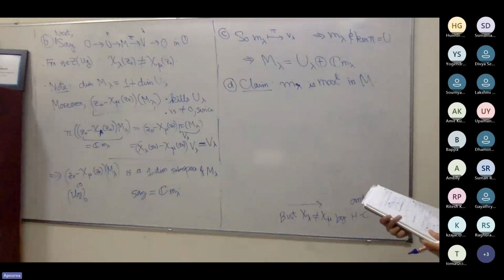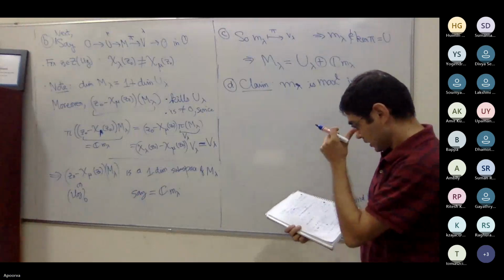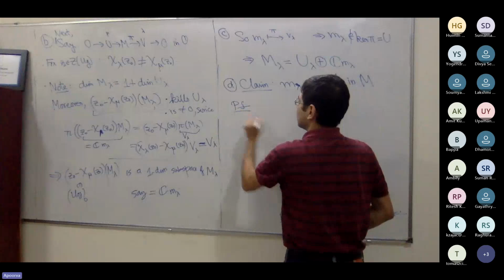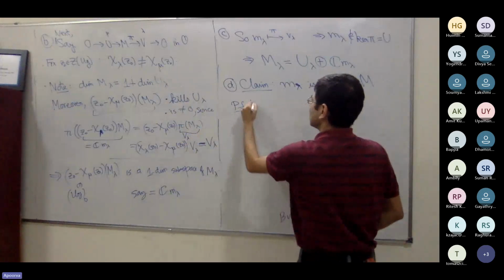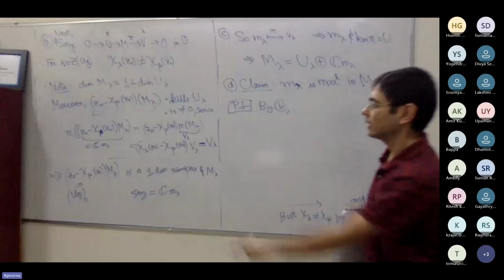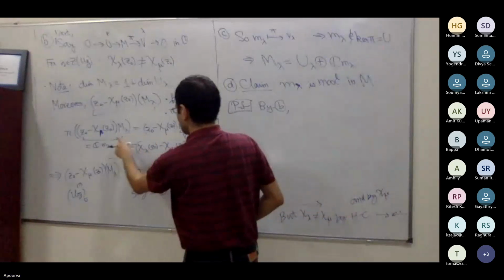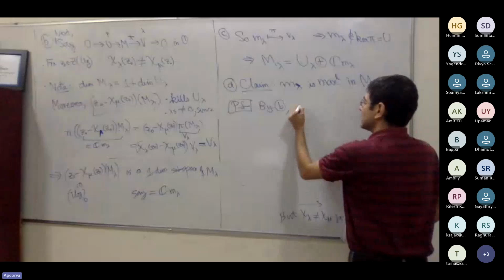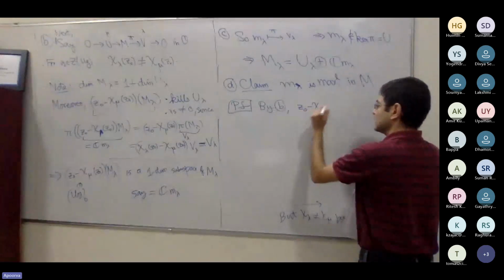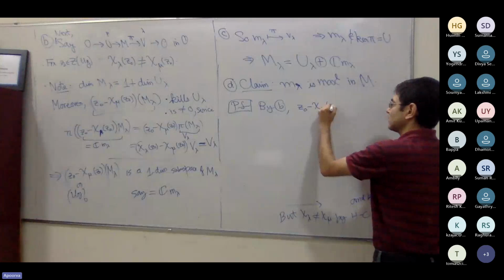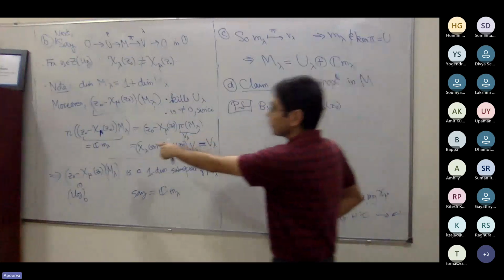So first of all, why is this? From above, proof by this part B. What happens by part B? If you look at Z naught minus chi, now let's apply this thing to M lambda. Earlier we applied it to the full space.